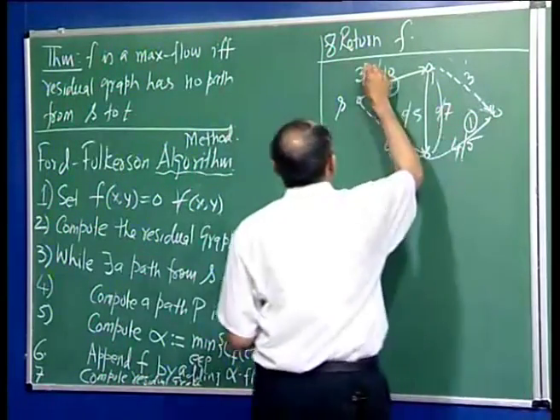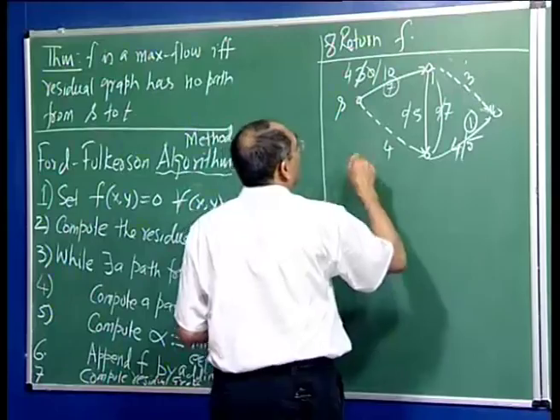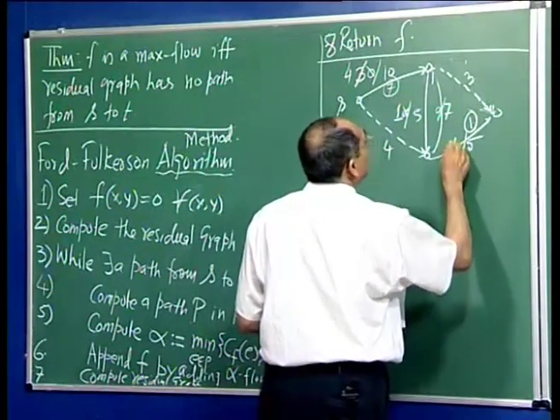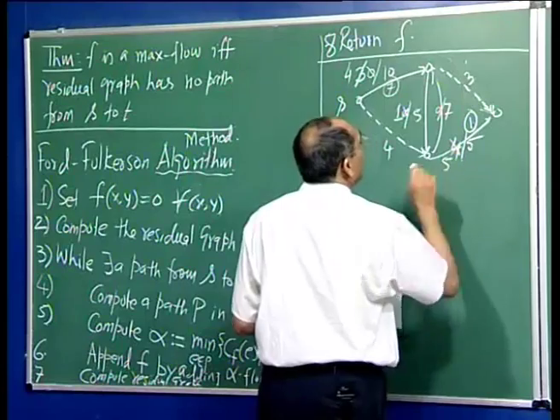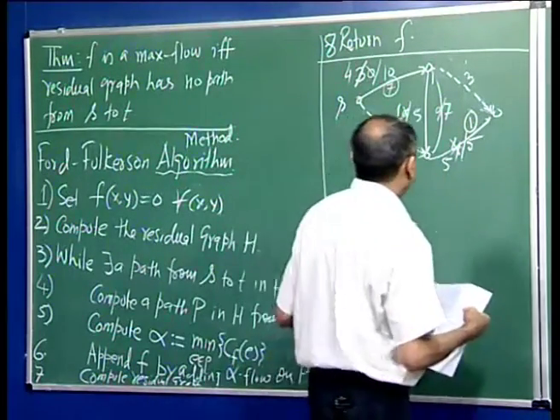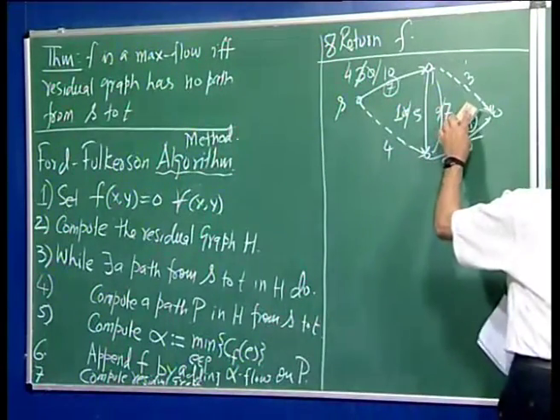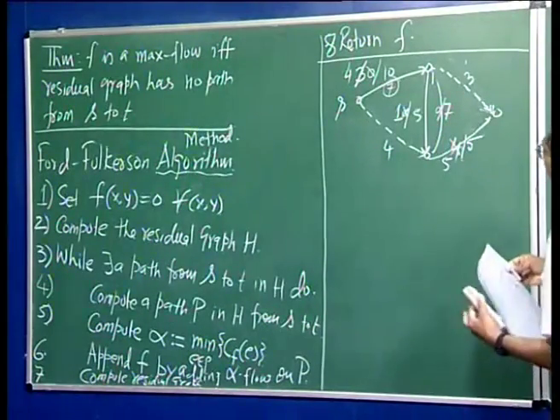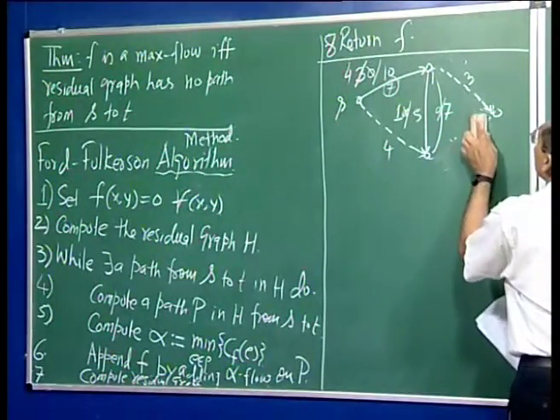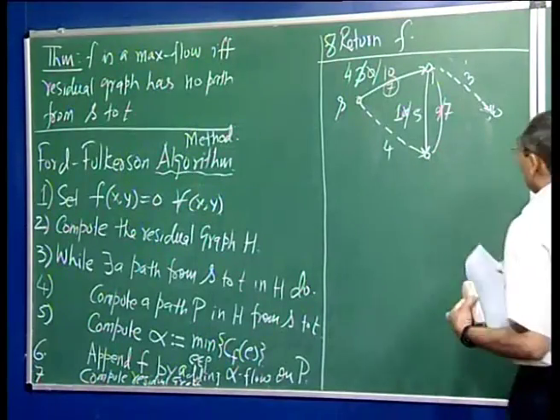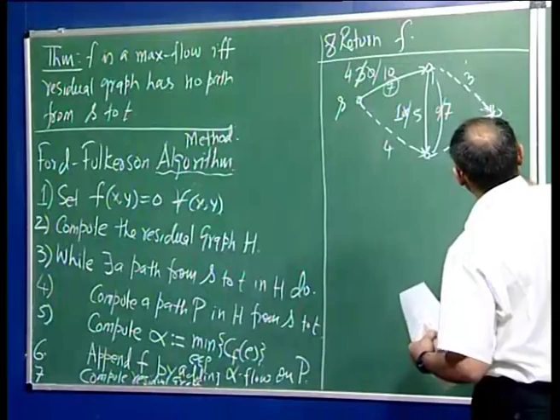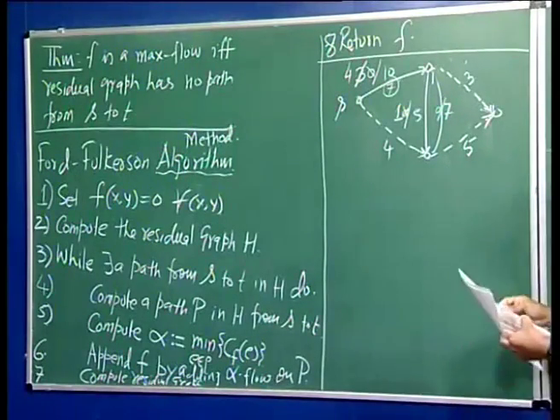So, this time this will become 4, this will become 1, and this will become 5. Now, the residual capacity is 0. This is a saturated edge, so I am going to drop this edge as well. And now, this is one of the edges which had 5 capacity.